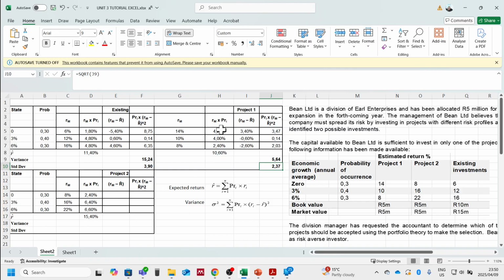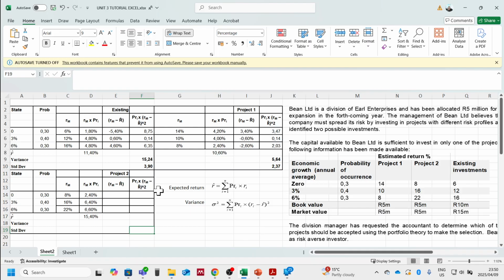And then we're going to repeat the same thing for project number two to calculate the deviation, the variance, and then the standard deviation, which is the risk of the entire portfolio. So this portfolio is giving us 10.6% with a risk of 2.37%. Remember, over here we're not going to use the coefficient of variation because now we are looking at two different types of investment that are going to diversify our risk.